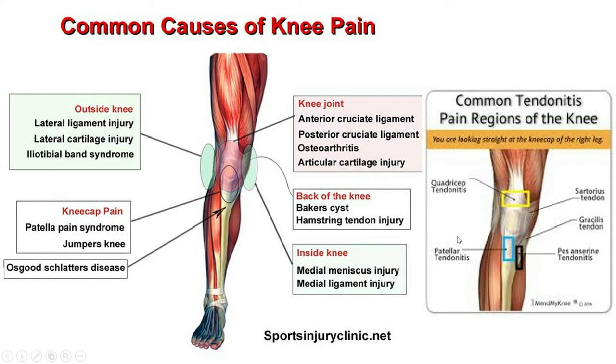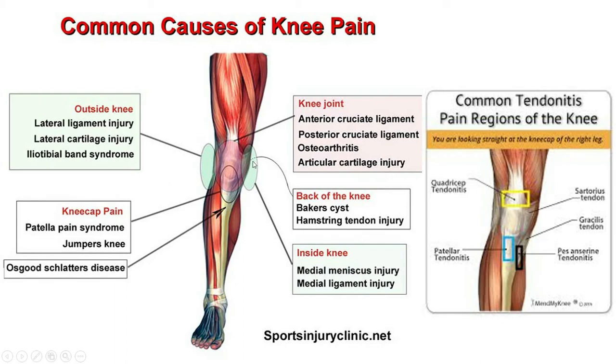Now, there are 10 to 12 bursae around the knee, and if the prepatellar bursa is involved, it is called prepatellar bursitis. If it is infrapatellar, this is called infrapatellar bursitis, also called housemaid's knee. Okay, so these are the common concepts about any knee pain.